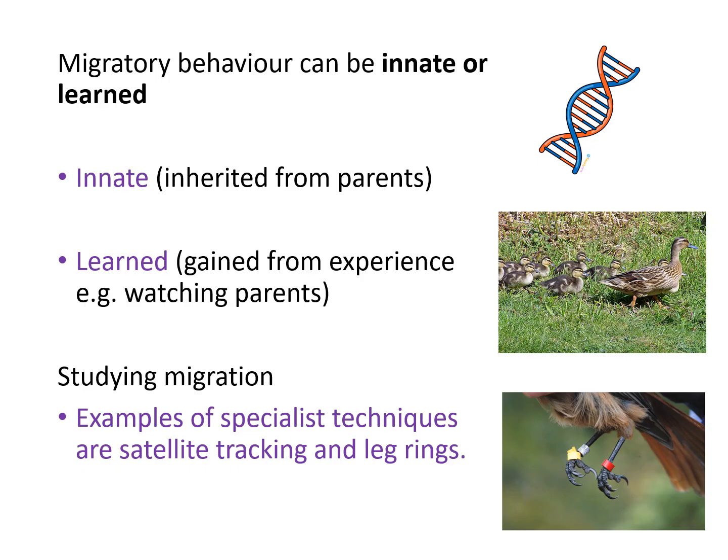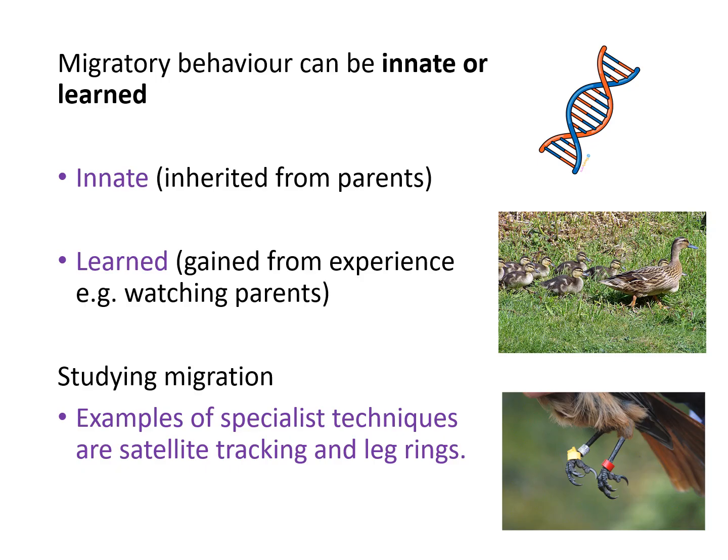When it's learned behaviour, the animals are going to learn the route or the timing of their migration by experience. So this is often by following or watching their parents. So young geese are going to follow their parents on the first migration, and then they remember the route in later years. So innate, we're inheriting it from our parents, but learned, we're gaining it from experience or from watching our parents.